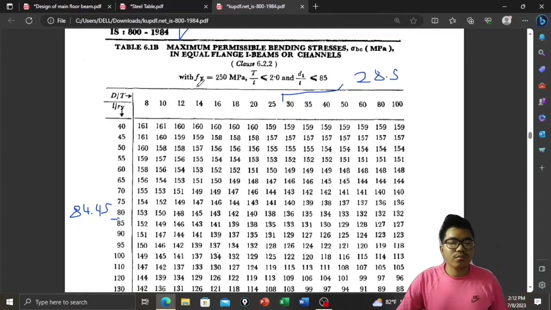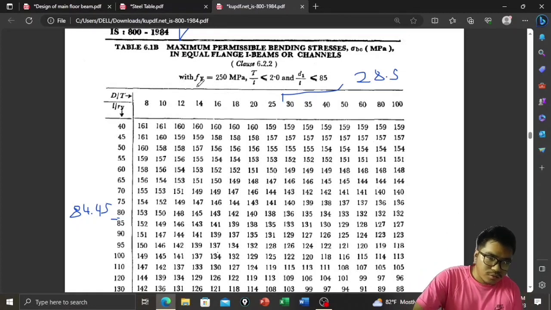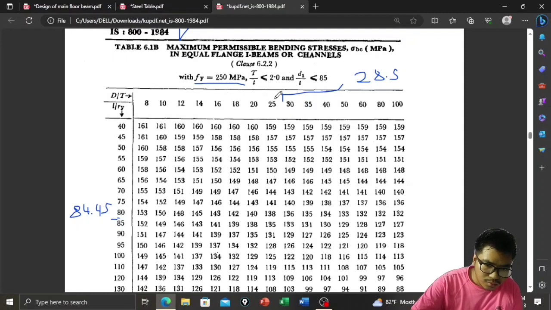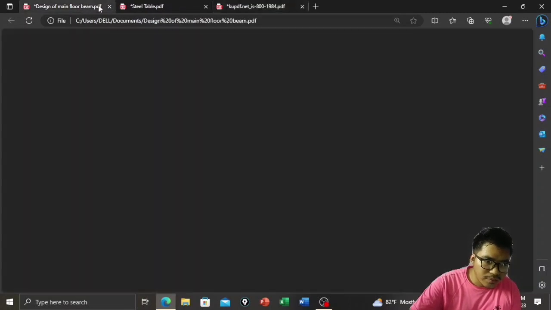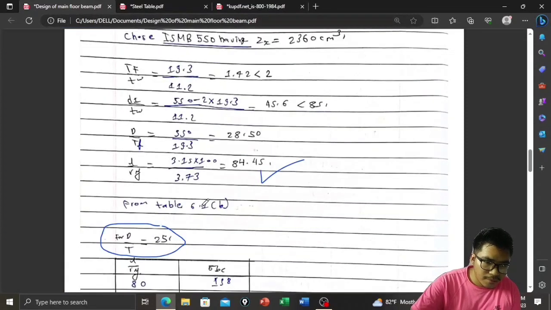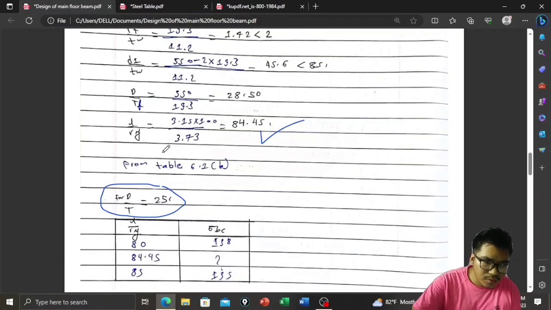If not given, we should choose CFI 250 MBA. So first we see this 25: for d by t 25, L by Ry is 84.45, which lies between 80 and 85.